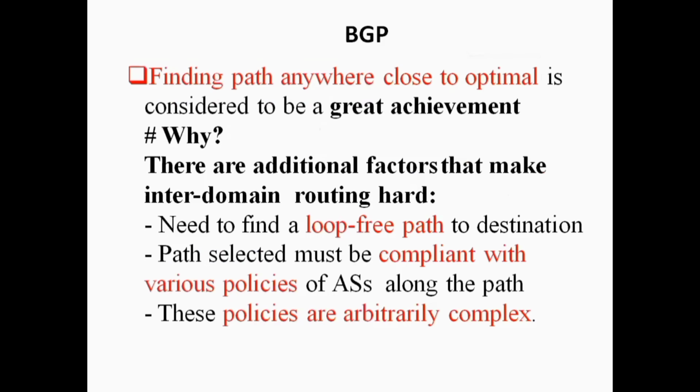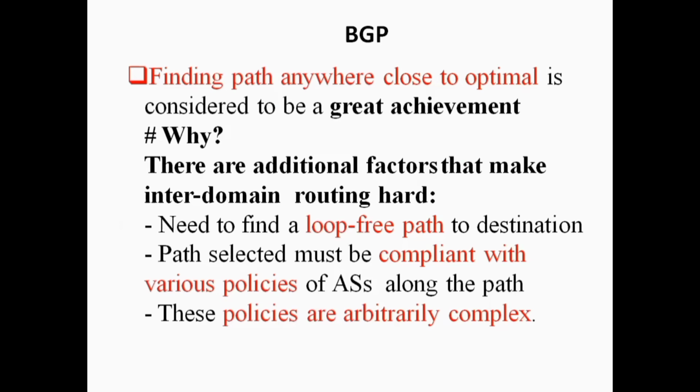Furthermore, in the context of Border Gateway Protocol, finding a path anywhere close to optimal is considered to be a great achievement. Why? There are additional factors that make inter-domain routing hard.